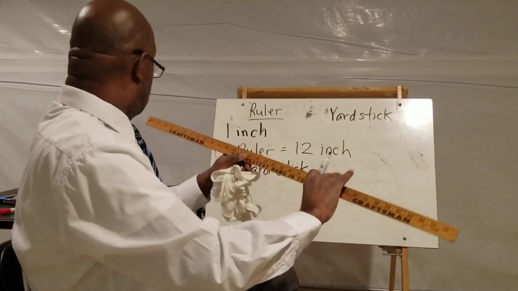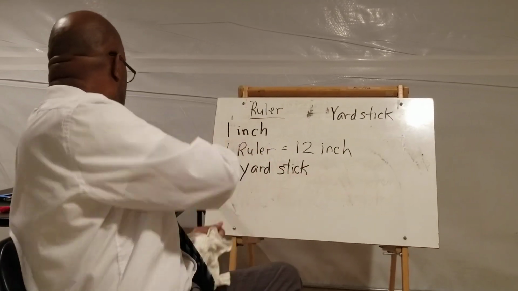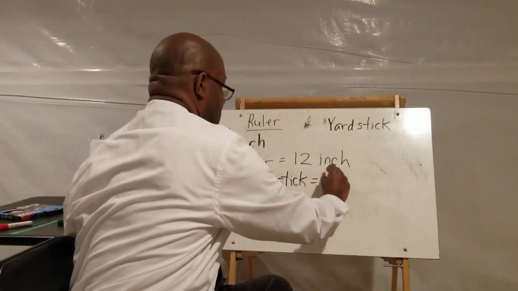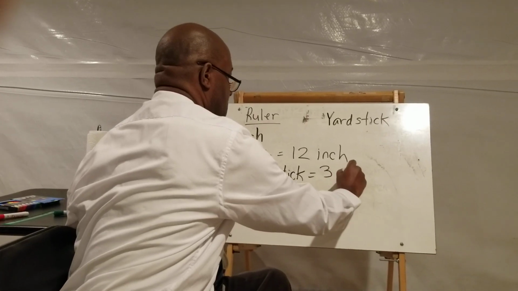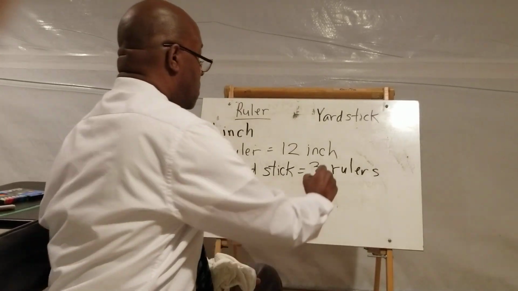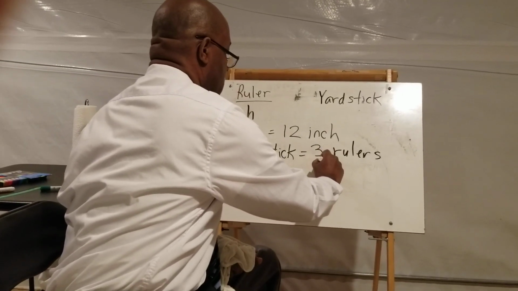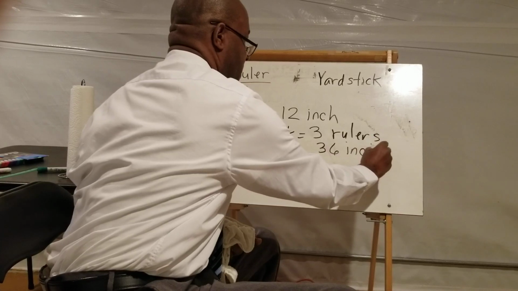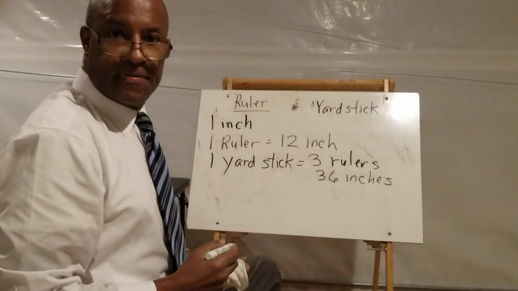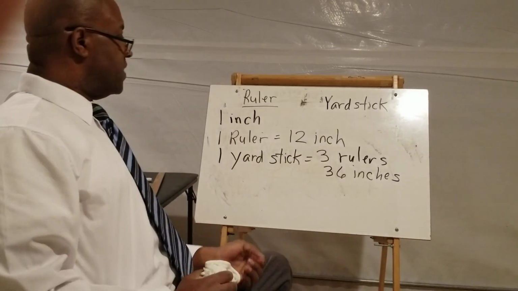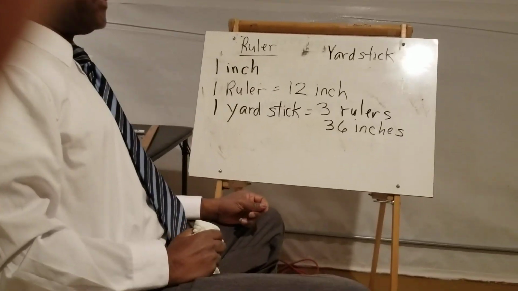When I put the rulers across, it made 3 rulers or 36 inches. Okay, you got that? Give you a chance to put that down, boys and girls, just for a second.